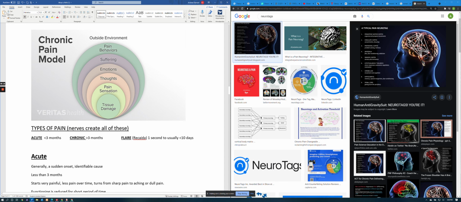So this brings us back to the very beginning, which is that the chronic pain model is that tissue damage might be the original cause in some people's cases. It doesn't have to be, but just for this example to help illustrate, if I damage something, it's going to activate nerves. It's going to change my body. And just to really clarify, if I break my bone and my bone doesn't have nerves in it, I would not feel a thing, because the bone can't make feelings.